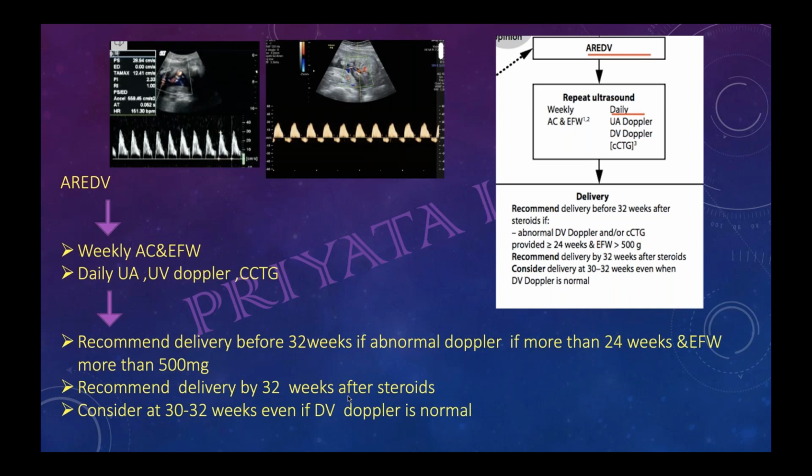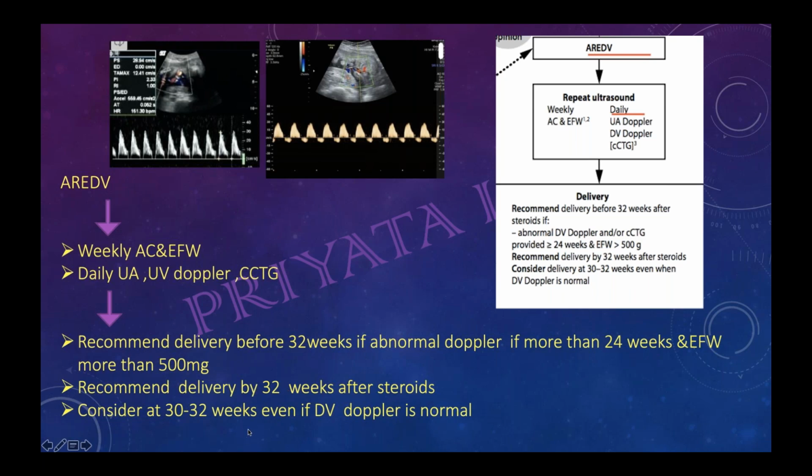Because you are doing daily Doppler in this kind of baby, when absent or reverse diastolic flow is there, you are checking daily Dopplers, your UA, UV Doppler, and also CTG. So daily you may change your decision. So what would be the recommendation if everything is going well? If there has been no problem, then you will recommend delivery by 32 weeks.